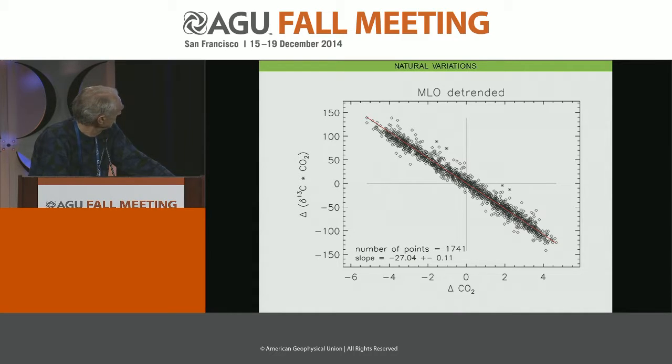If you plot it in this way, on the y-axis the product of the concentration and the isotopic signature, and on the x-axis the seasonal cycle of CO2 itself, then the slope of this plot gives you the apparent isotopic signature of the sources and sinks that are being added and removed during the seasonal cycle.